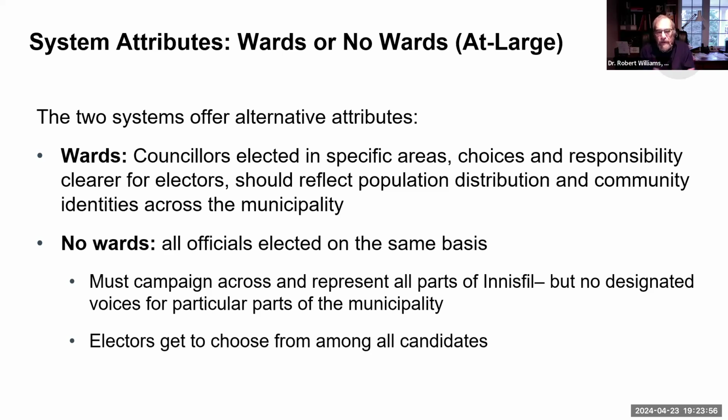Those wards, of course, should reflect the population distribution and the community identities across the municipality. That last part is what we're trying to address in this review. So a ward system is about trying to capture the distribution of population and the distinctiveness of the communities in areas to elect one councillor. When there are no wards, everybody's elected on the same basis.